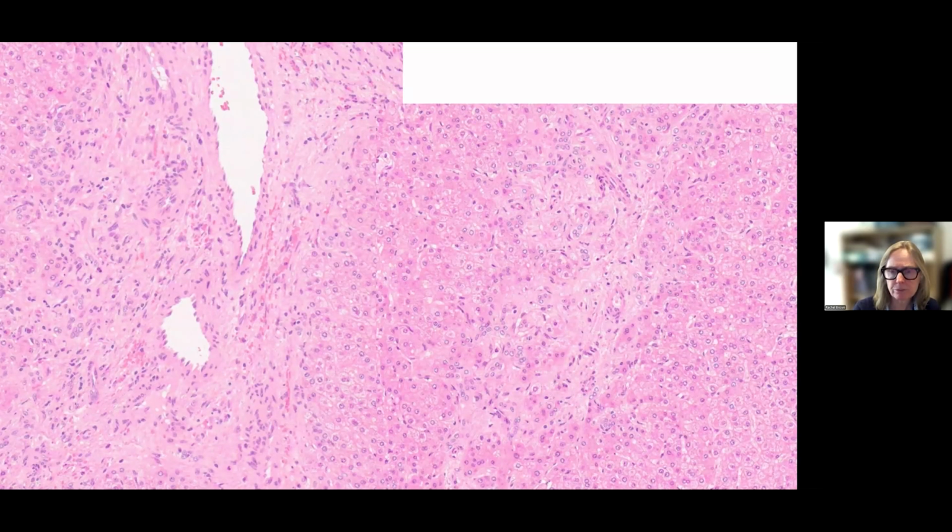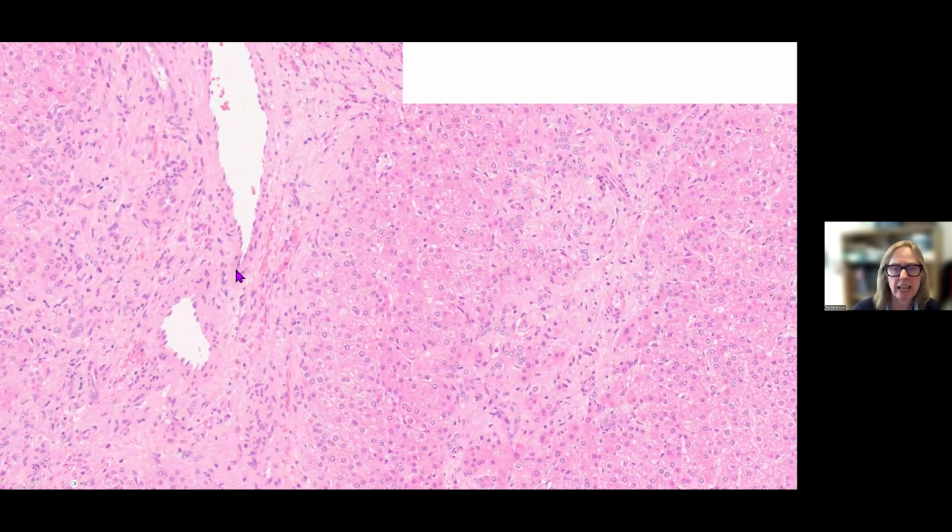At higher power still, in these fibrous areas, there are really quite prominent vessels. These look like arteries, and some of them look a little thick-walled. There's more examples up here. A little bit of inflammation, not a brilliant image, but we're starting to appreciate there are some biliary ductules here, but not really any true bile ducts, I would suggest, in that field.